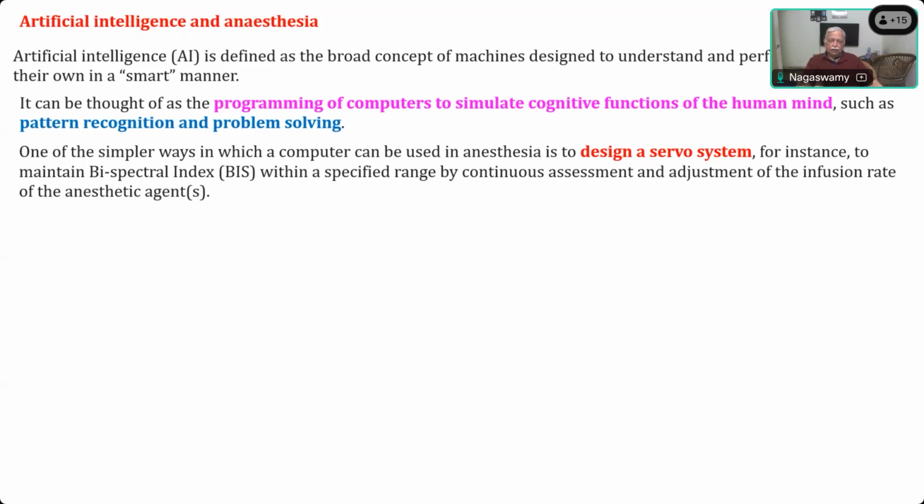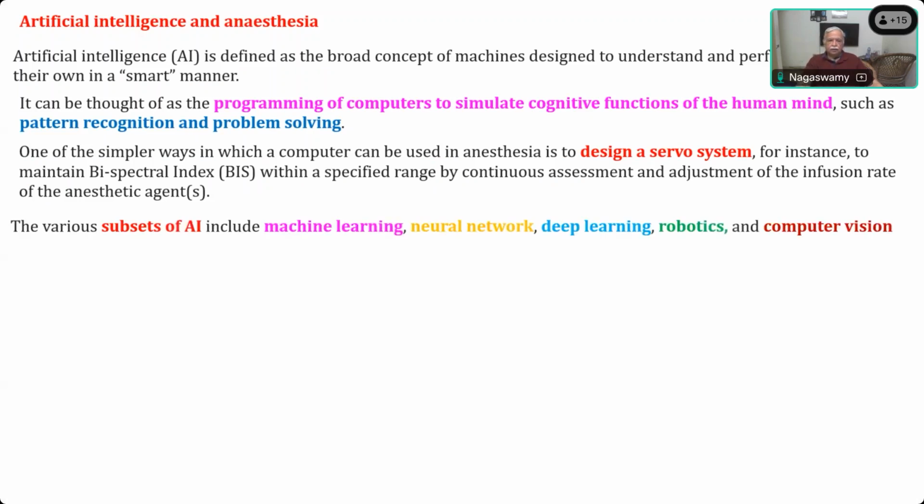If the BIS value goes up, it knows the patient is becoming light, then it will immediately give a bolus dose of propofol or increase the infusion dose and see that the BIS value comes down to 45. This is possible because of this closed loop. It is able to recognize the reactions of the patient, get the feedback from the patient and alter the administration of anesthesia accordingly. So this is the method by which that's done.